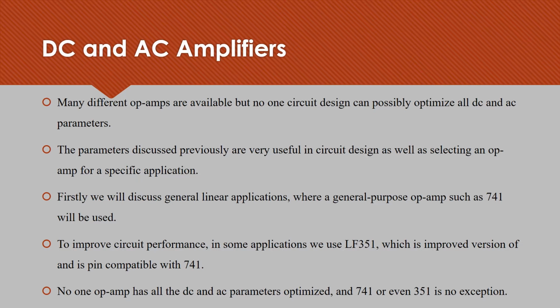Firstly, we will discuss general linear applications where a general purpose op amp such as 741 will be used. Next, to improve circuit performance in some applications, we will use LF351, a low cost, high speed JFET op amp.